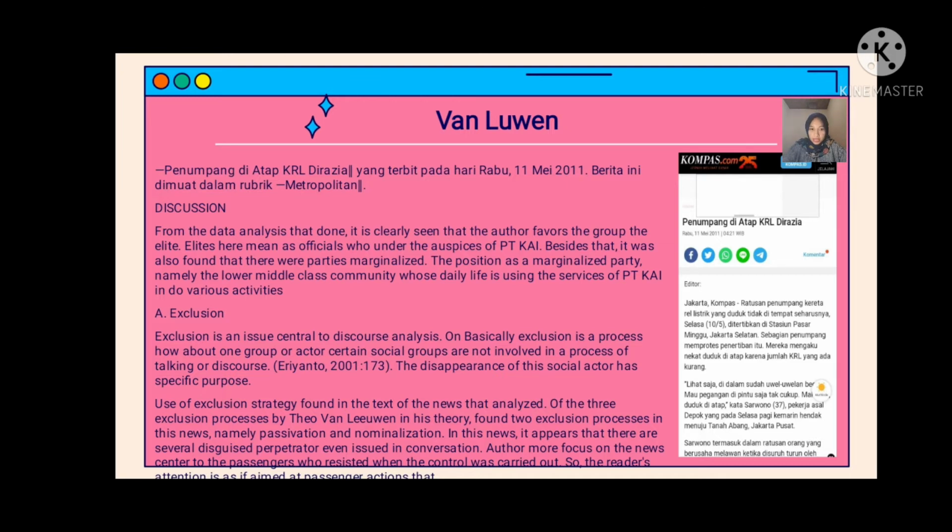The first one, passivization. Exclusion by means of passivization is found in the text of the news analyzed. There are four forms of passivization depiction. This way is used to protect perpetrators, in this case to protect the officials at PTKI as the party considered to be taking action against KRL passengers.